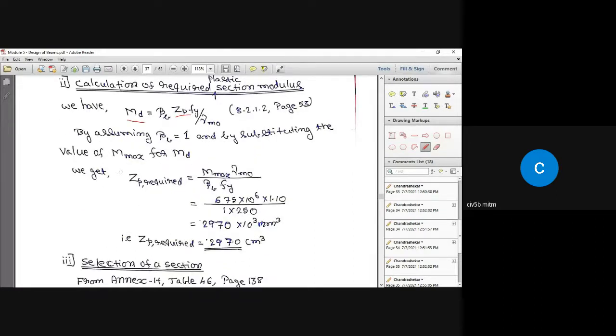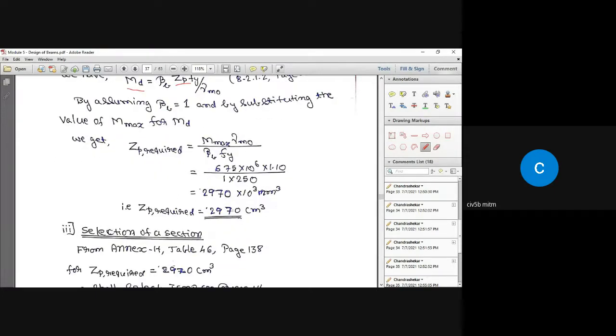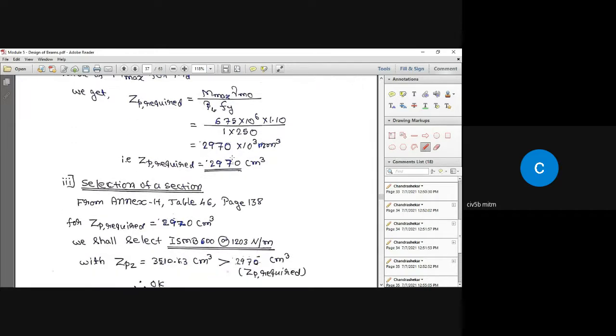So finally, this is the way the formula turns out to be. So ZP required equal to, substitute the values. M max is the maximum bending moment. Gamma MO is 1.10. So beta B, yes, we have assumed that as 1. And Fy is 250. Finally, we got the value of ZP required equal to 2970 centimeter cube.